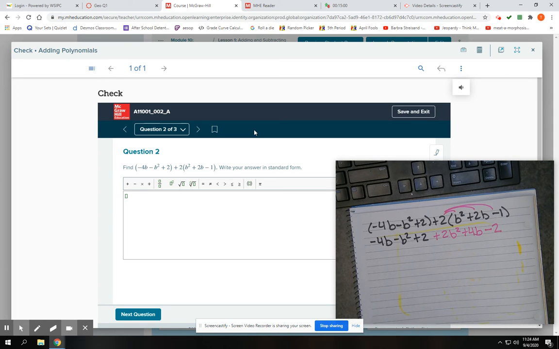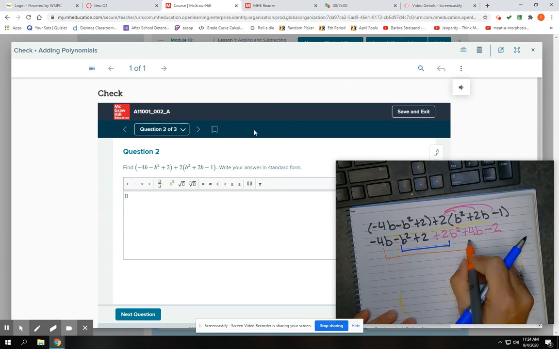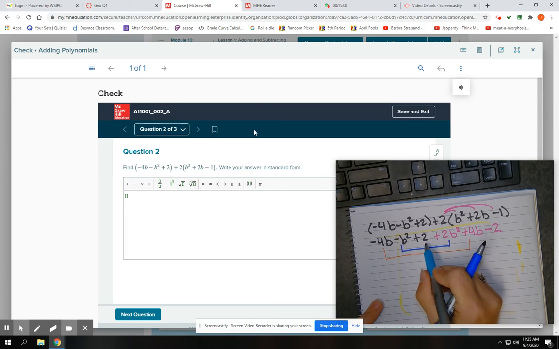Okay. Then again, we start with our like terms. So our b squareds, our b's, and our constants.